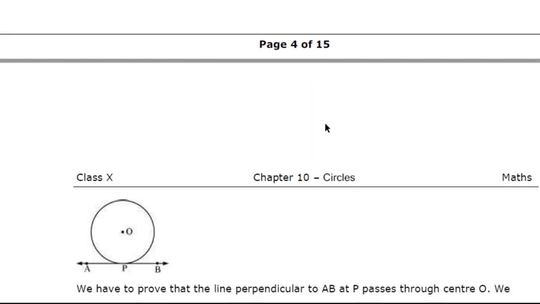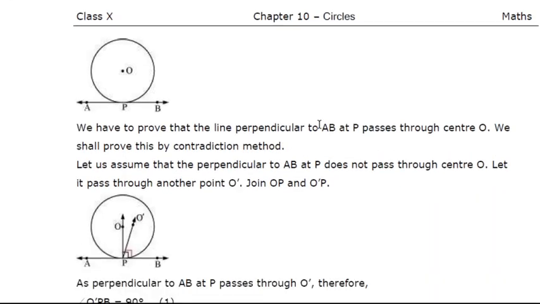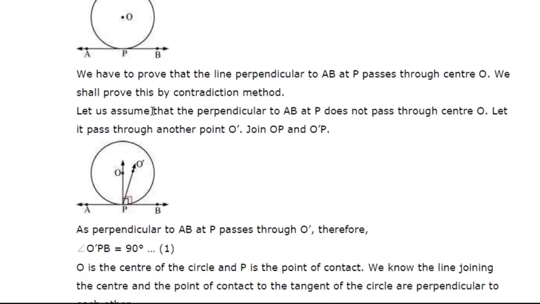Okay. See, let us consider a circle with the center O and AB is a tangent touching at P. Okay. Now you draw a perpendicular on this. We have to prove that the line perpendicular to AB at P passes through the center O.